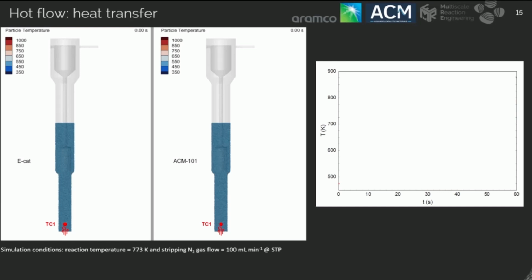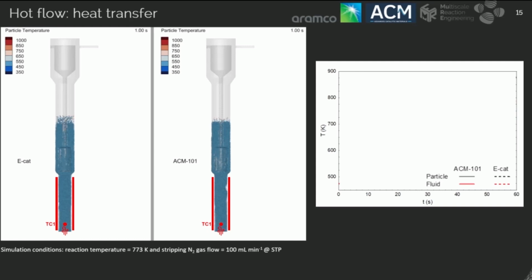The first heat source is the upward stripping gas, and the other one is the wall of the furnace. The black color here represents the particle, while the red represents the fluid.